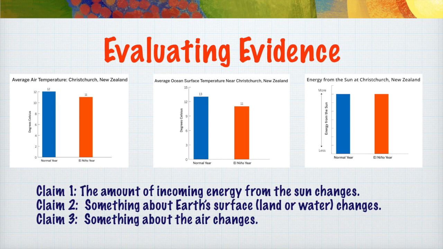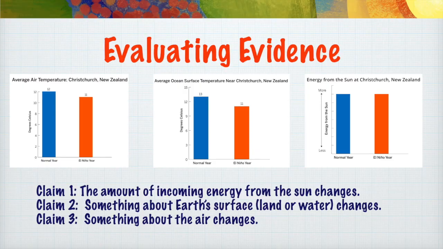Now, this to us might seem kind of confusing because we know that sunlight directly affects temperature based on our understanding of the relationship with the equator. We know the equator gets the most sunlight, therefore it is the hottest. So if the sunlight is not changing, we have to look at other aspects that might change the temperature.